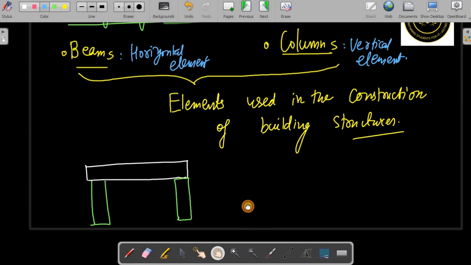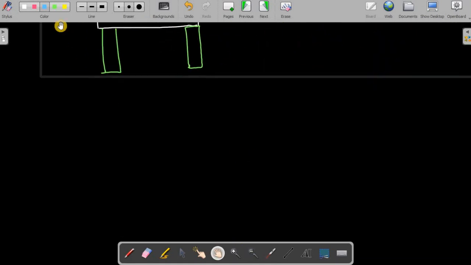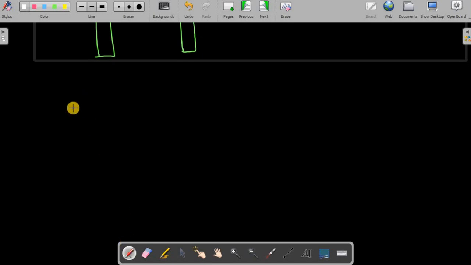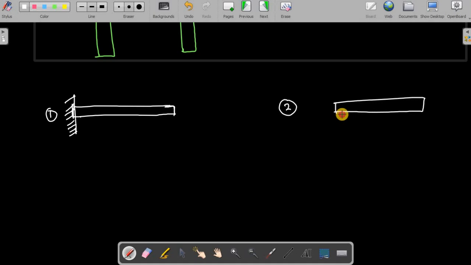Now for the beam, there is an important thing about the deflection. As we have discussed, there are deflections or elongations due to self weight. In the same manner, consider a beam. Beams are of different types. Here in NCERT, two types of beams are discussed. If you consider a beam like this, where one end is fixed in the wall, and a second case where the beam is simply supported like this.